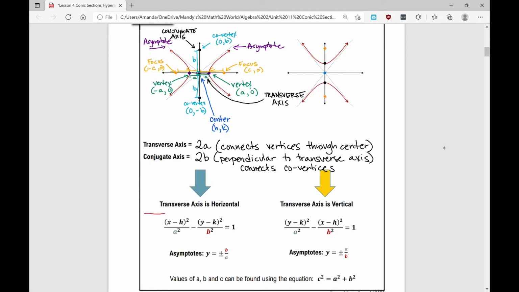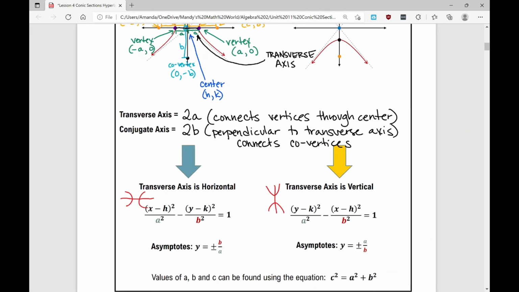I'll say, okay, it looks like that, and then my openings go out sideways like that, okay? When my transverse axis is vertical, your openings are going to go opposite directions like that. And I'll usually draw a little picture when I'm writing the equations, just to help me.